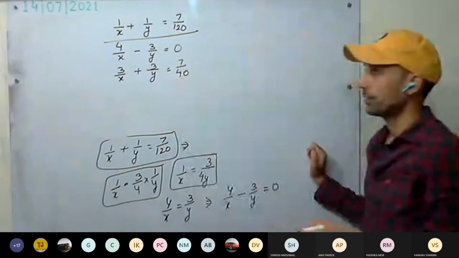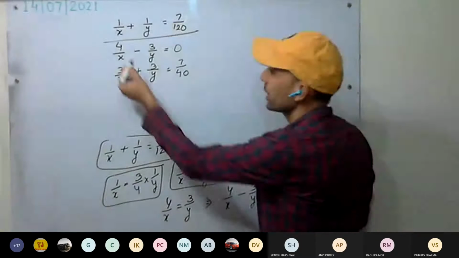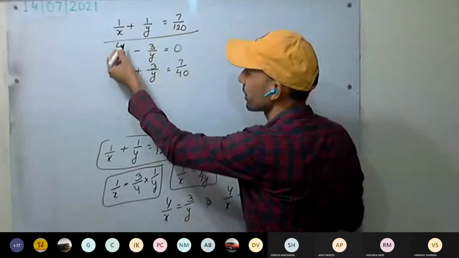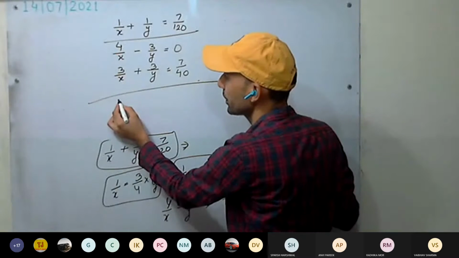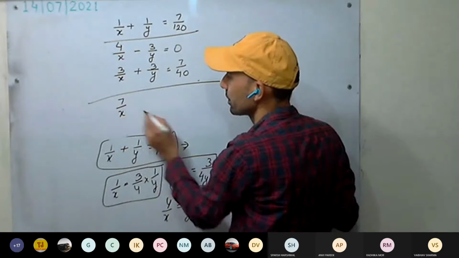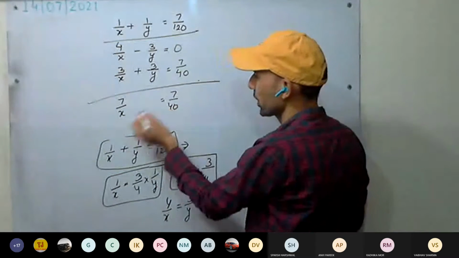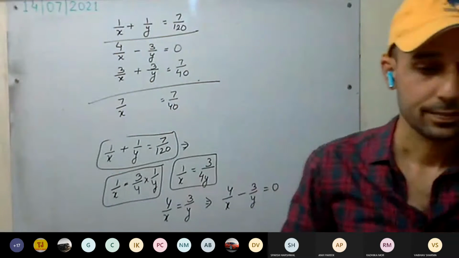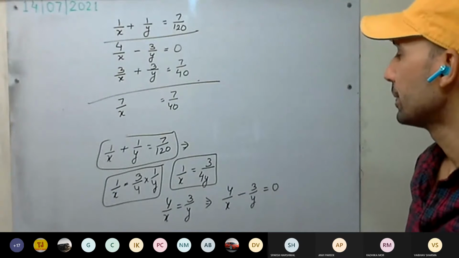It will be 7 upon 40. Now add them. How much are you getting adding them? 7 upon x, 0, 7 upon 40. Calculate x. Can you calculate x?